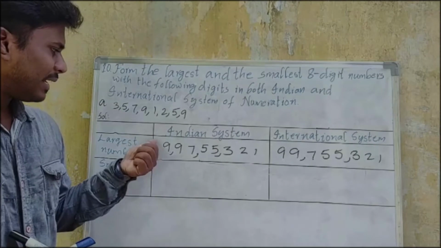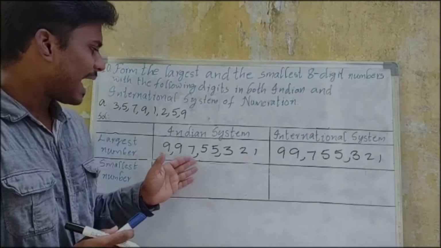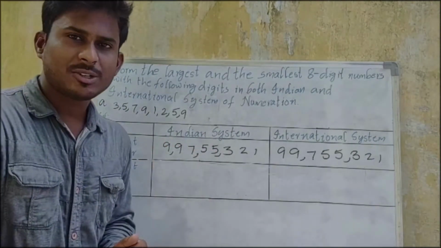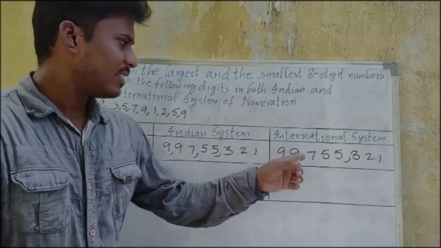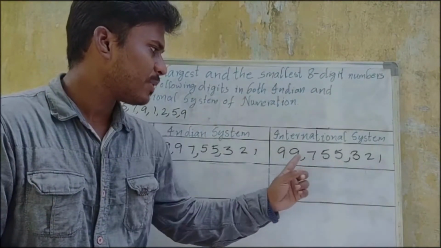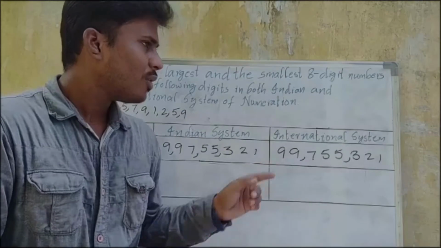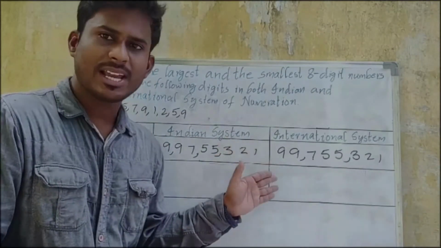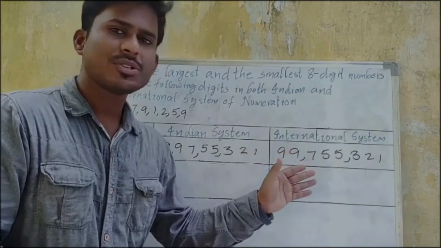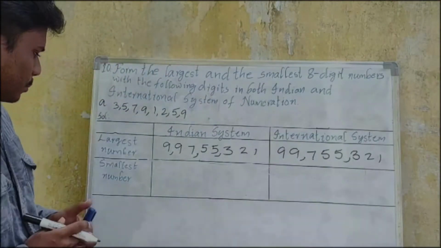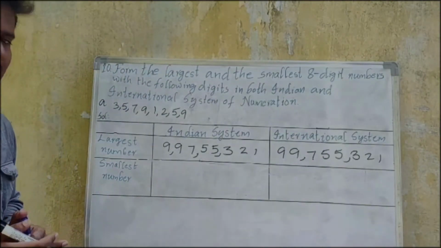So we have 9 crore 97 lakh 55,321 in the Indian system. And this is ones period, thousands period, millions period. So read the number like this: 99,755,321.